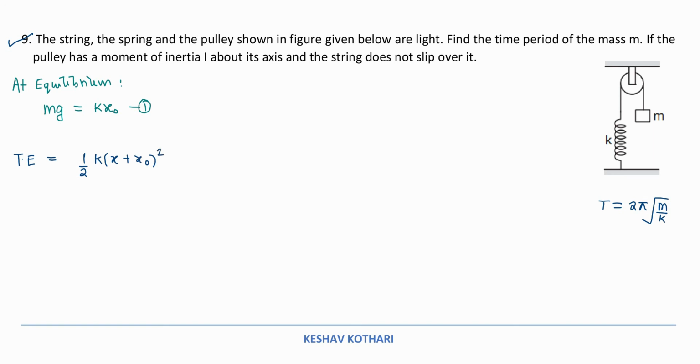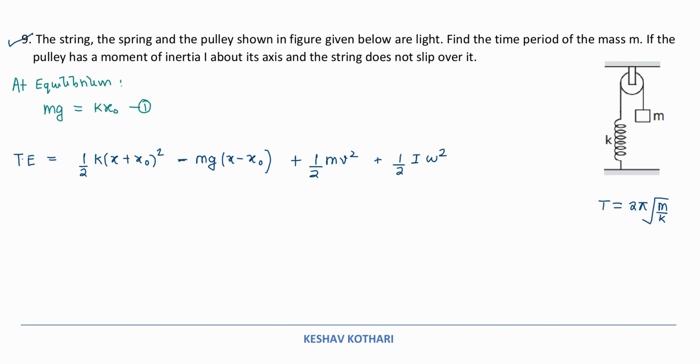Then there is a gravitational potential energy, which we write as mg into x minus x naught, followed by the kinetic energy which the block possesses, half m v square, and the rotational kinetic energy of the pulley, which is half I omega square. So these are the aspects of energy which we can write when the block is lowered by another distance x.